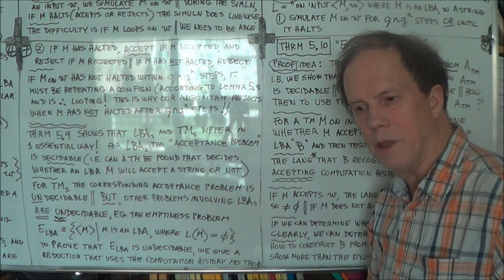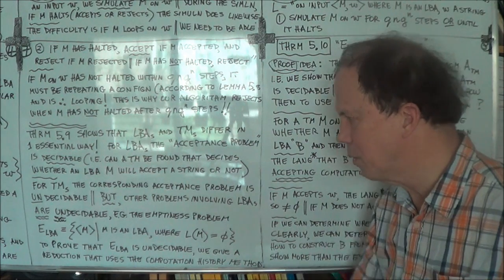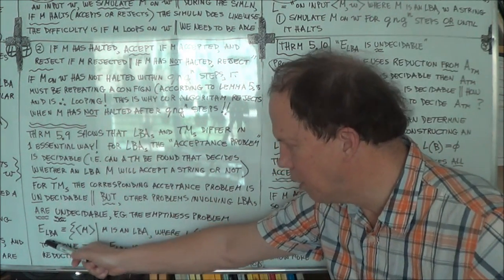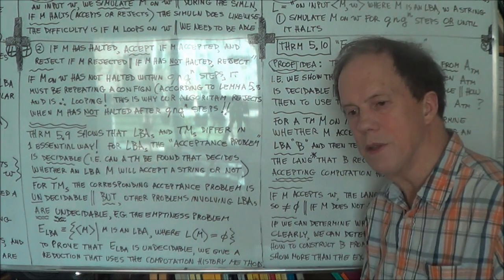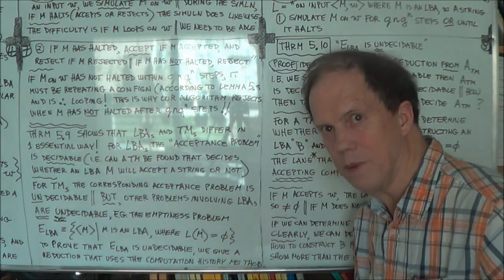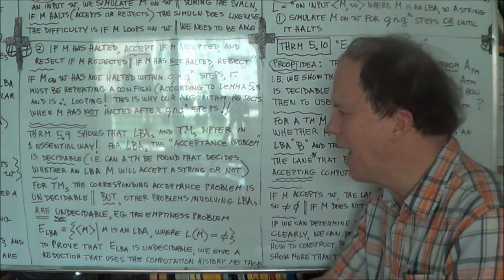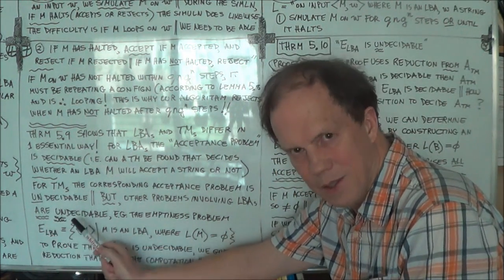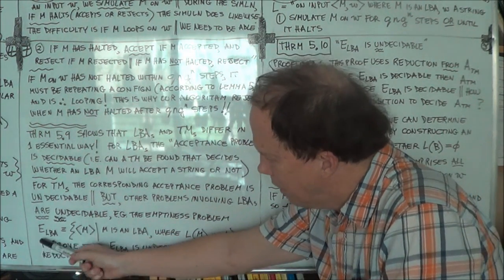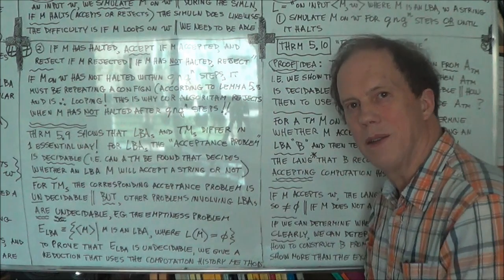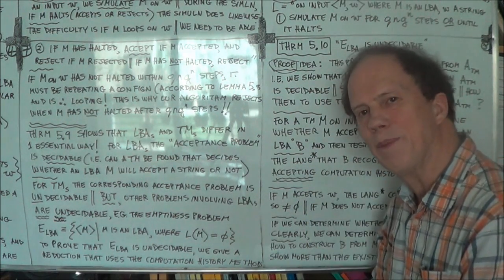We'll have an LBA version of E, so the language here, E_LBA, we will show that that is undecidable. So that may be a bit of a surprise. A_LBA is decidable, but E_LBA, the empty one, is undecidable, different. So interesting, right?